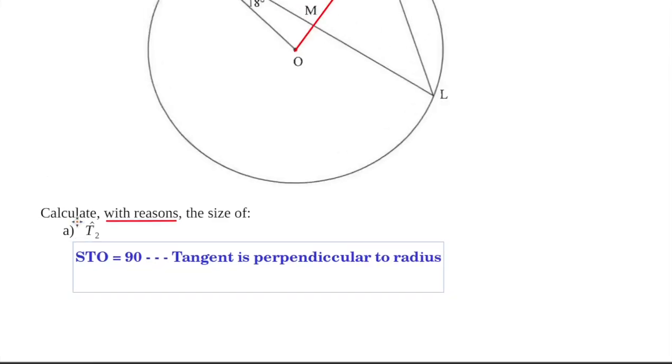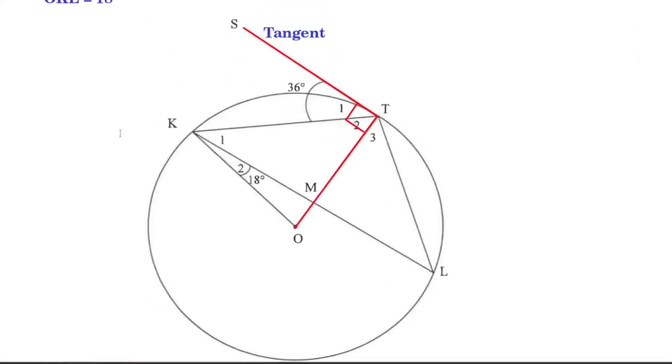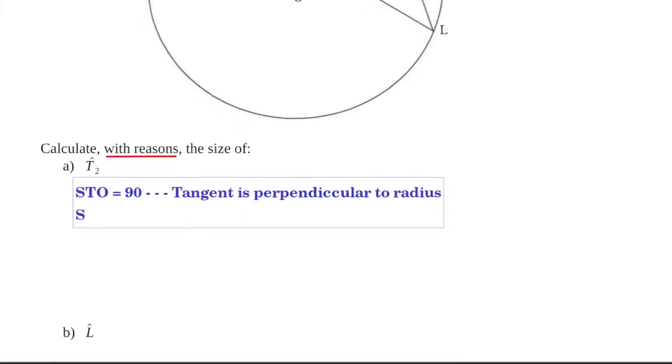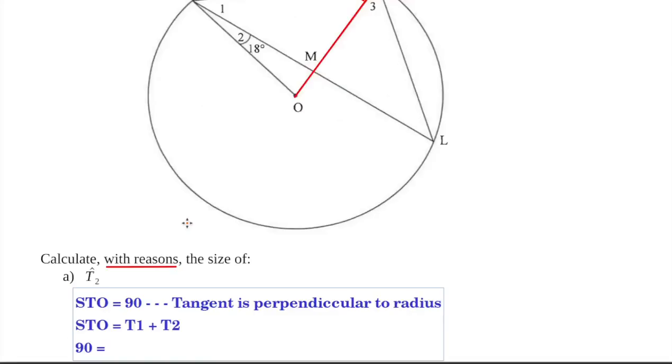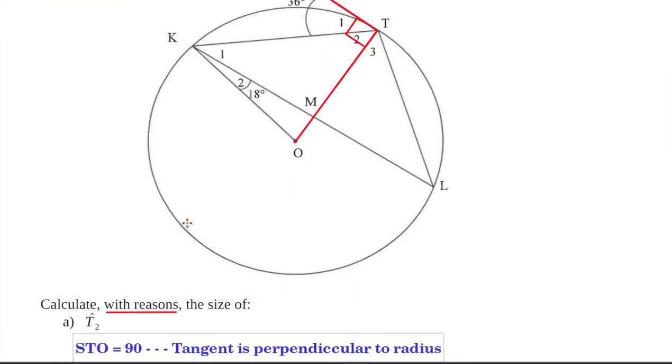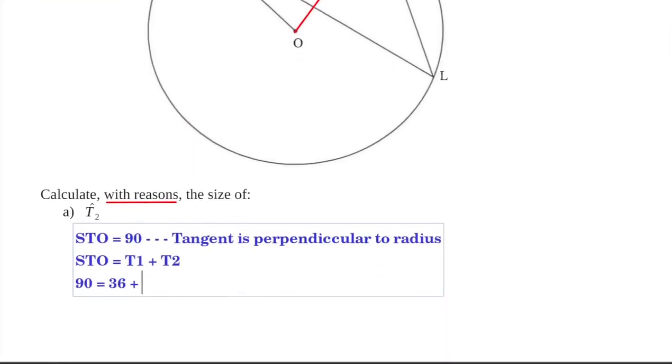Next statement. Now, STO has got two angles, there is T1 and T2. So STO is equal to T1 plus T2. Now this is 90 degrees is equal to T1, which is 36 degrees, plus T2. Now, what are we going to do here?